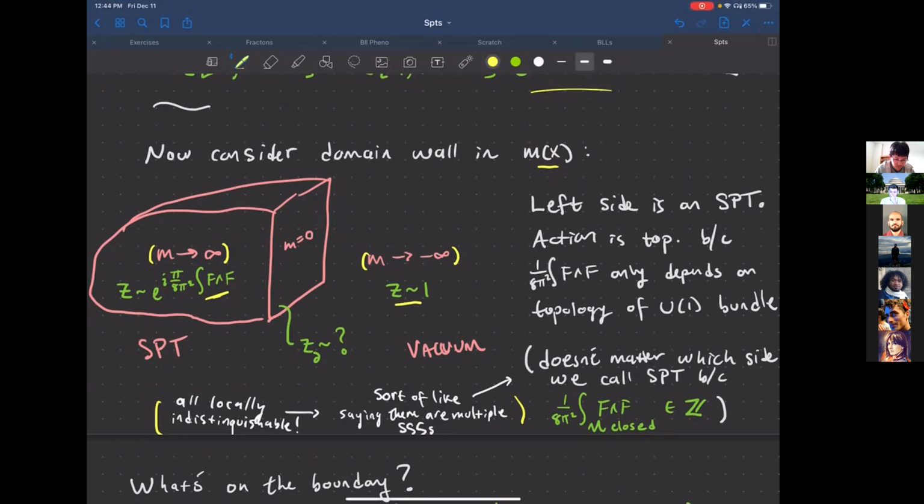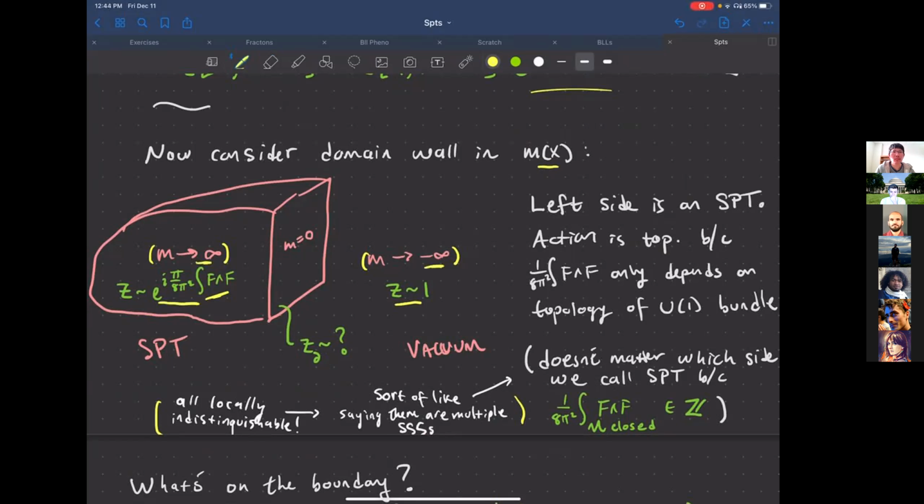And this is kind of what's happening here. We have two different ground states: the m goes to minus infinity one and the m goes to plus infinity one, and they are different, but the way they differ is by this phase.